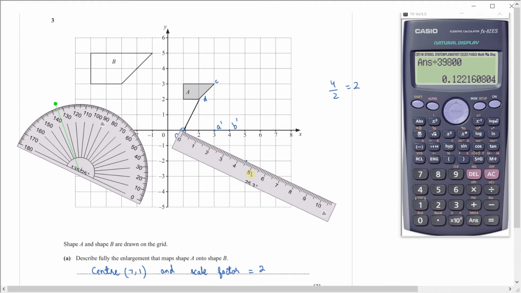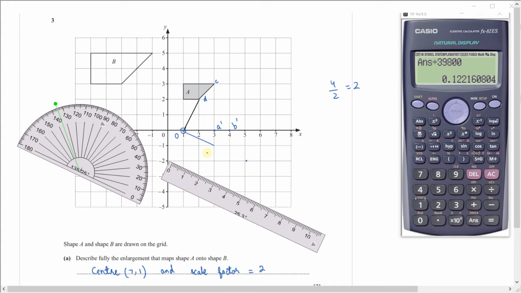So let me just draw this line here up till 2.2 centimeters. So this will be your point D prime. You rotated it 90 degree like this in clockwise direction. So this will be your D prime.